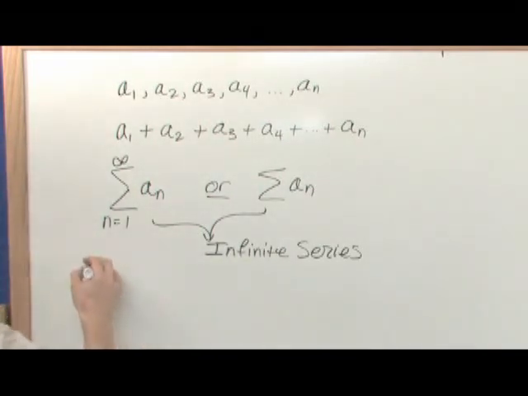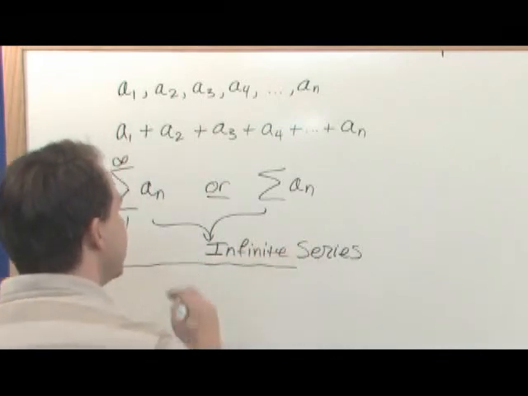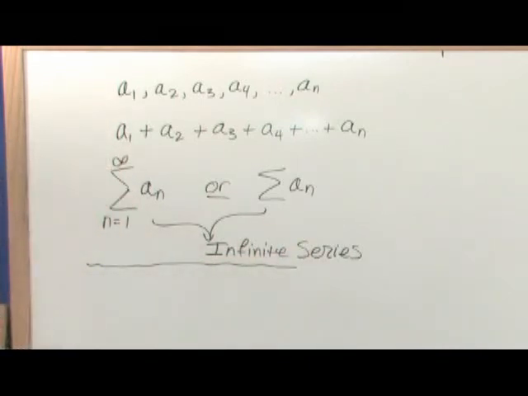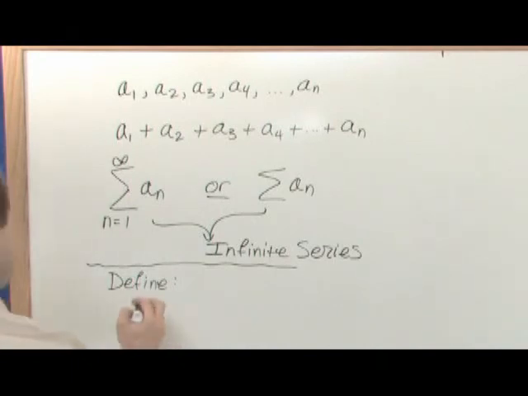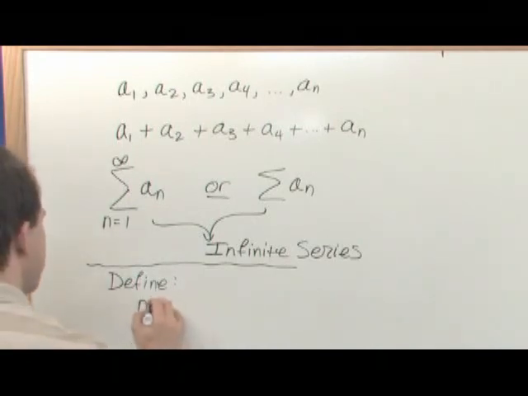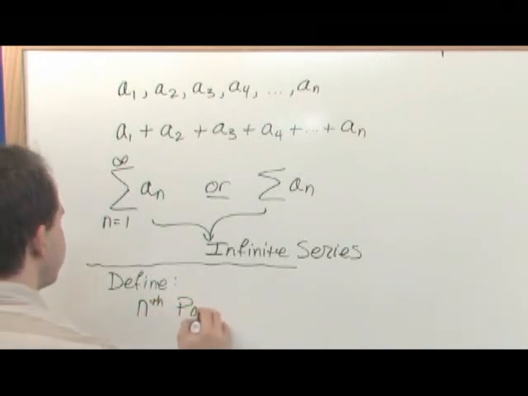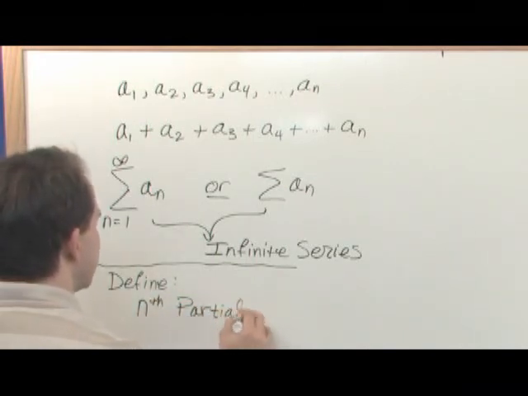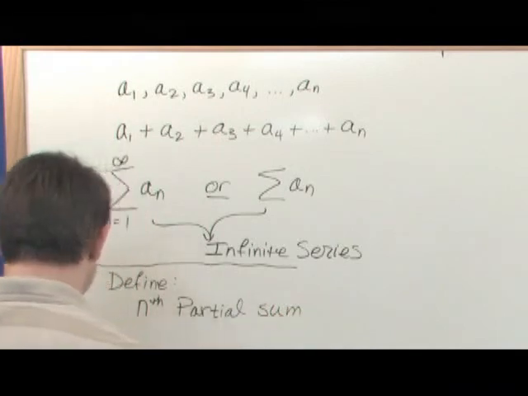So let's define some terminology as we go on in our study of the infinite series and how it behaves. You can define something that sounds complicated, but it's not complicated at all. You can define something called a partial sum. And I'm actually going to call it the nth partial sum. All right, so let me just show you what that's equal to.